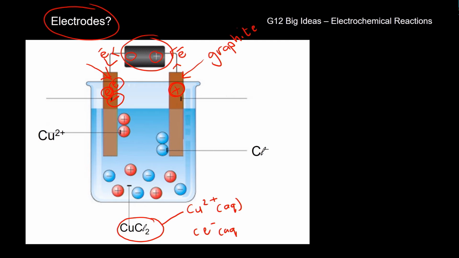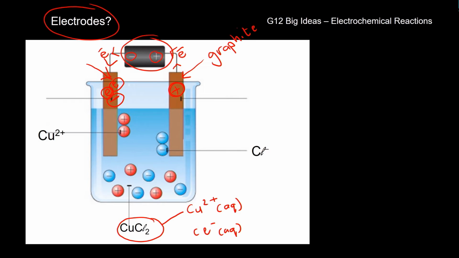Now there are 2 of them, so it means that for every one copper 2+ ion, there will be 2 negative chloride ions. So I'm going to add this in on the drawing. This is a very simplistic drawing, and I want to give you an idea of what it looks like. If this is a copper 2+ ion, then there will be another negative chloride ion.